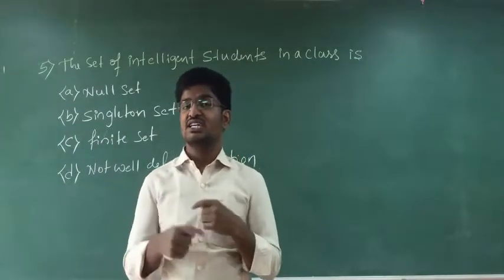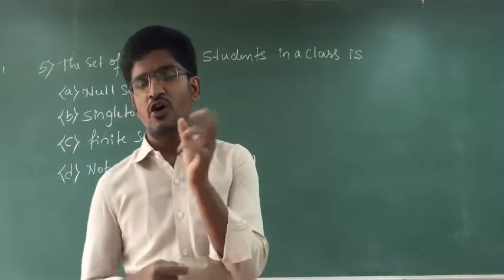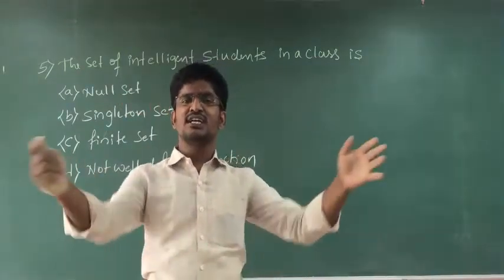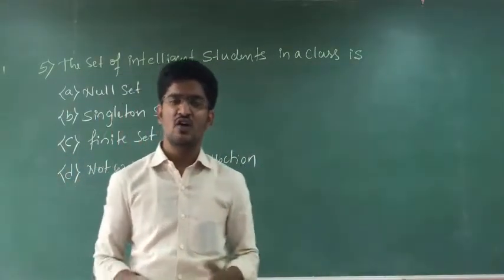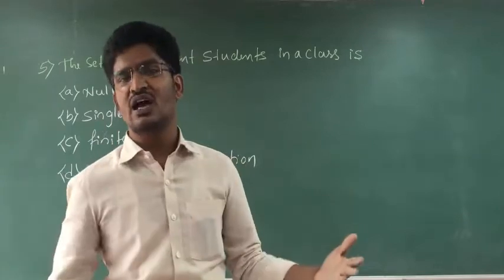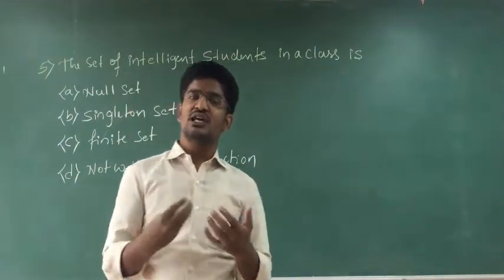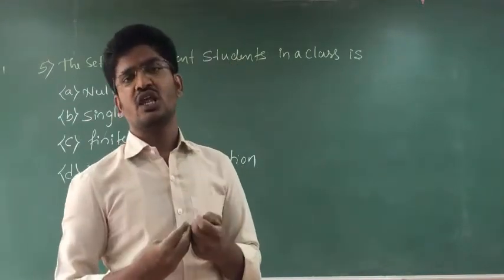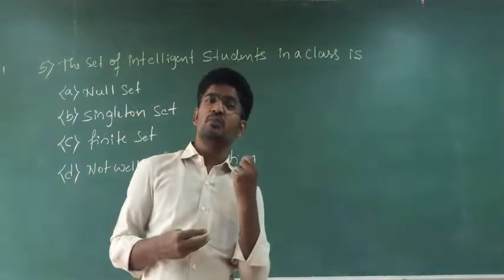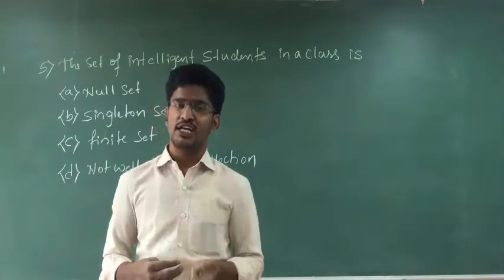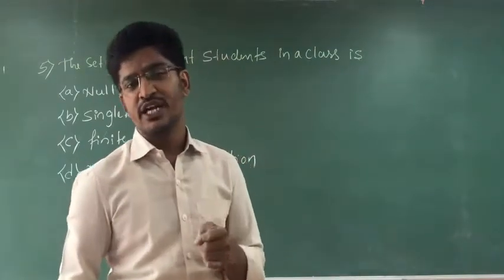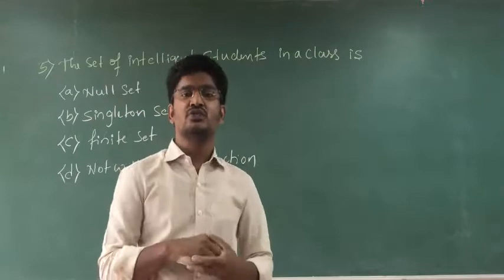Set is a collection of well defined objects, right? Suppose there is a class A, class B, class C, or class D. If you collect intelligent students from the class, here the question comes, how are you going to measure the intelligence of students?